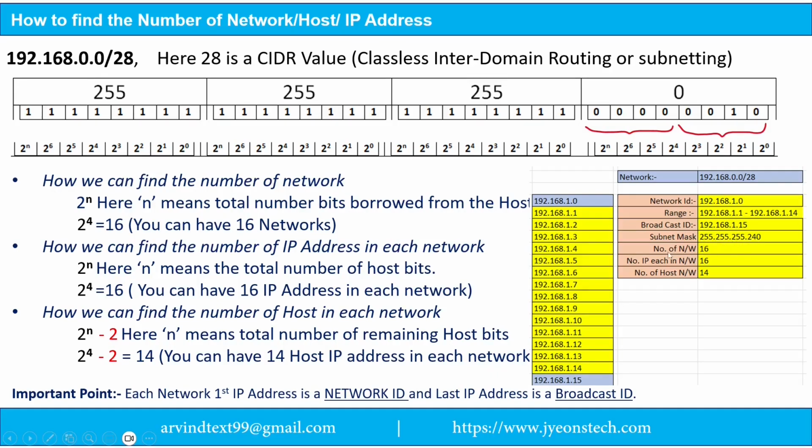The number of networks is 16, which we calculated here. The number of IPs per network is 16, and the number of hosts per network is 14. So you understood this calculation. This comes under classless inter-domain routing, or this is the concept of subnetting.